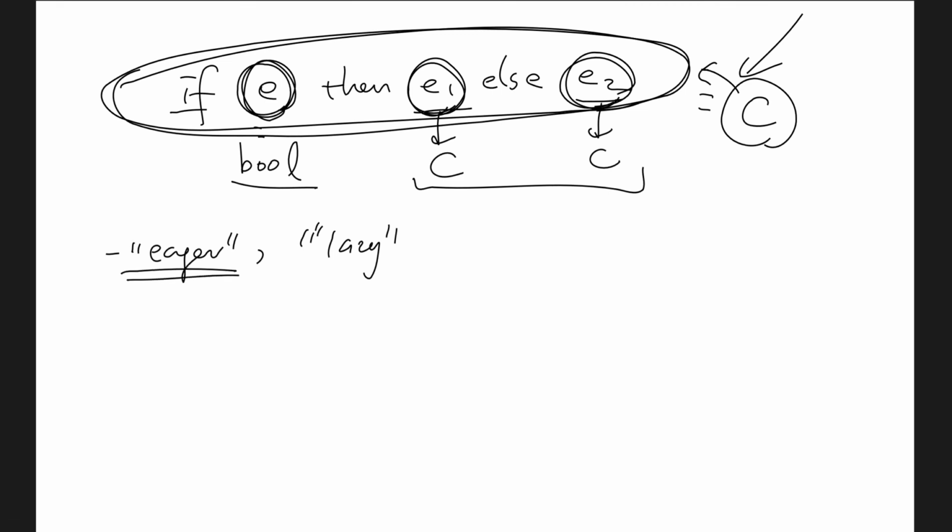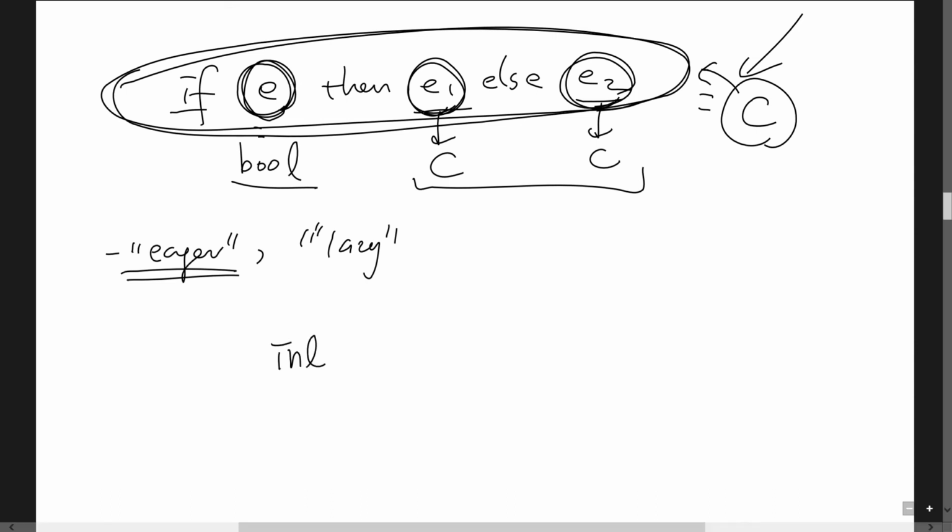In the case of eager strategy, when you have injection left some expression, you should actually provide a concrete value in order to count the whole expression as a value. In other words, this is a valid form of a value where we provide value here.